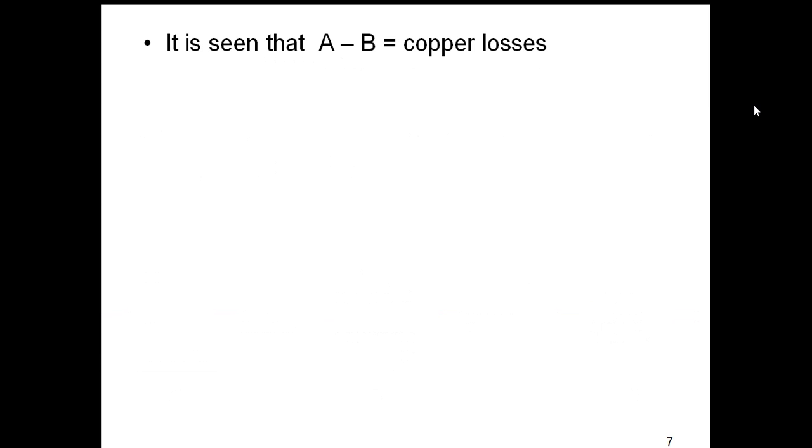Now, in order to get the copper losses, we have to subtract B from A. That is A minus B, we get copper losses.